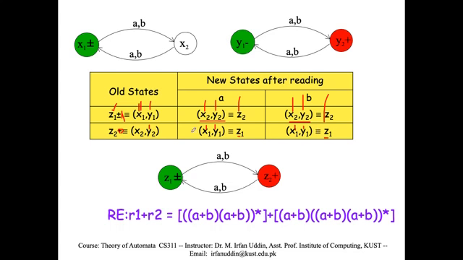So when we create an FA based on this transition table, we get this one: Z1 plus minus and Z2 plus, with transitions on a and b. So basically it's the union of these two FAs, and it accepts both even and odd numbers of A's and B's.